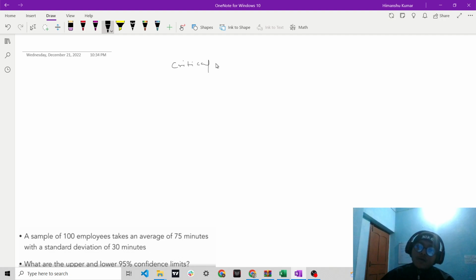It is the value or the interval, you can say, which helps us to know what is the acceptance area or what is the rejection area. It is a function of two things: alpha and n, that is sample size.